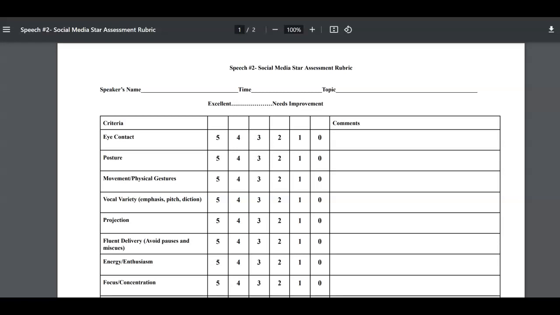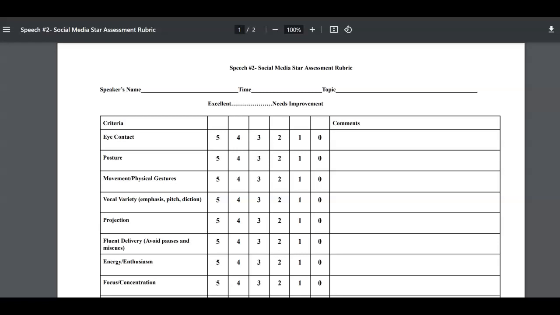Moving on to movement and physical gestures, movement can get very distracting. I noticed in several of your speeches, you're swiveling in a chair, or playing with your hair, touching your face. You touch your face hundreds of times a day without even thinking about it. So it's natural that you would reach up and touch it when you're doing your speeches.